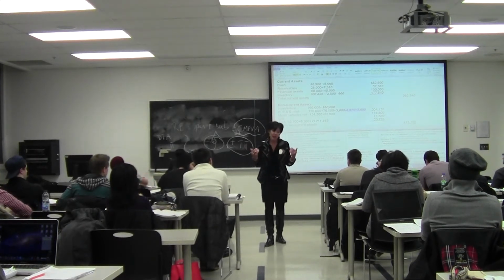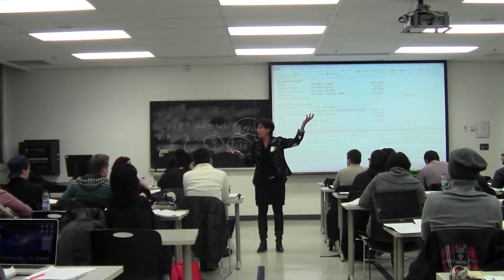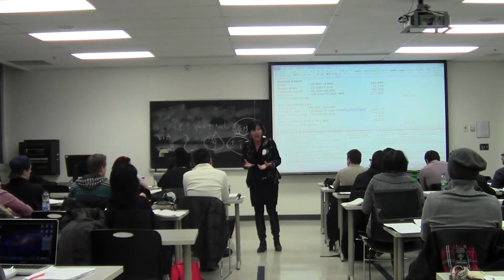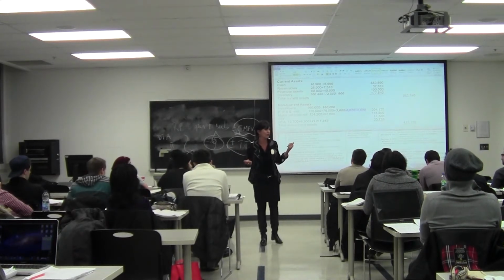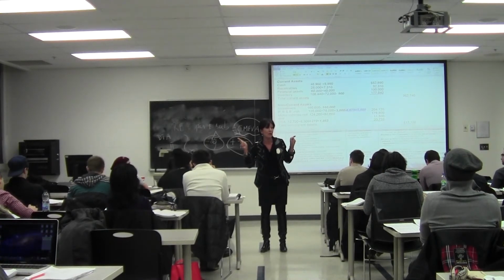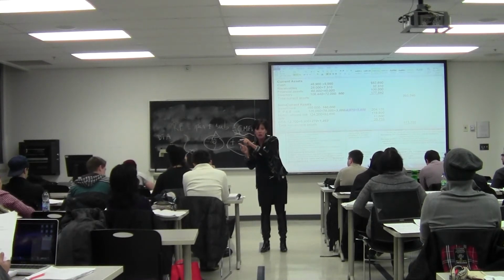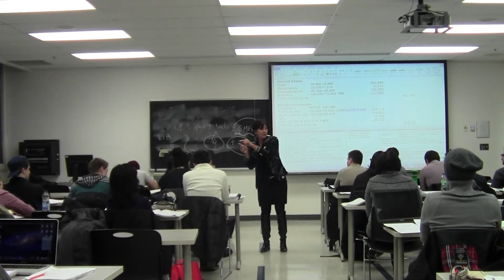It's true that I'm really not indebted if I have a house of $600,000 and a mortgage of $500,000. Economically, my net value is positive. But it also means that I have to work to pay that $500,000, right? Because I will not use my house to pay my house.